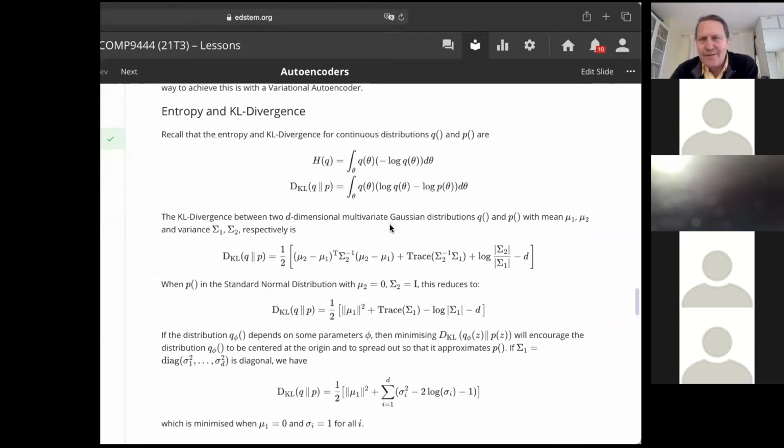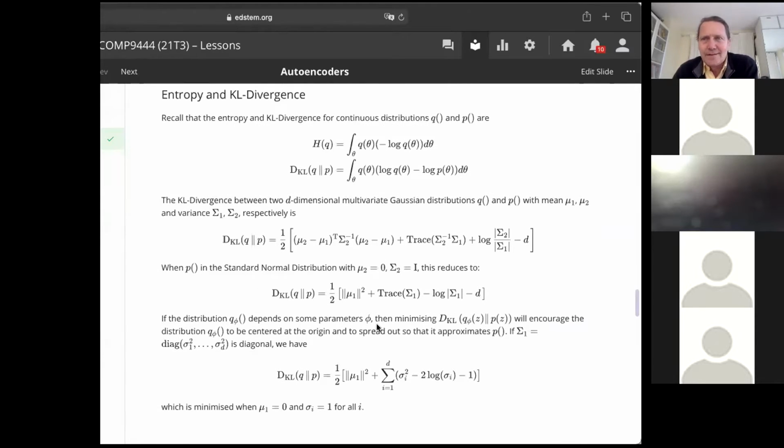Now in the specific case where the two distributions are both Gaussian, there are specific formulas for the KL divergence based on the mean and variance of the Gaussian distribution. So there are some extra formulas. These formulas I have held back until the place where we actually use them in an application because I thought it was a little bit much to include at this stage.